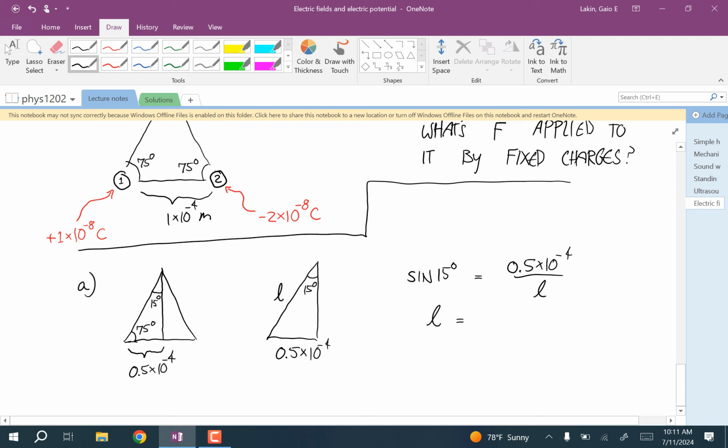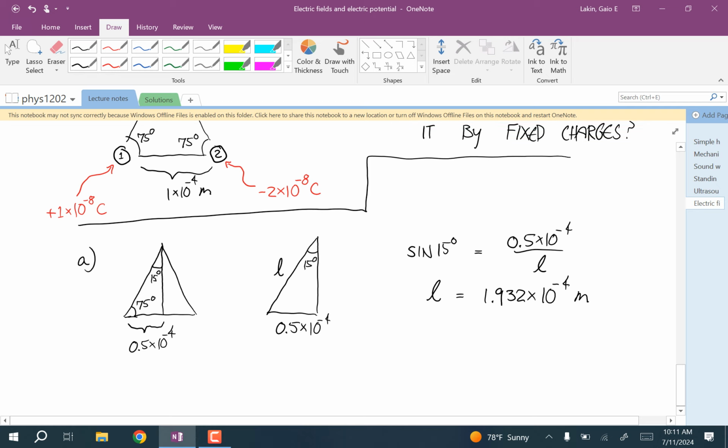And so the hypotenuse is 1.932 times 10 to the minus 4 meters. What do we need that length for? We're going to need that because that's going to be the r that goes into our calculation of the electric field vector.